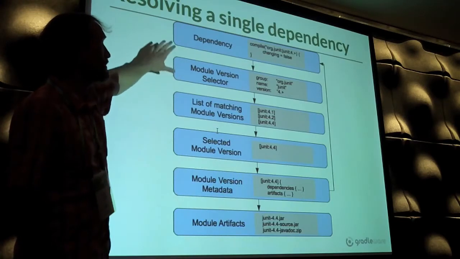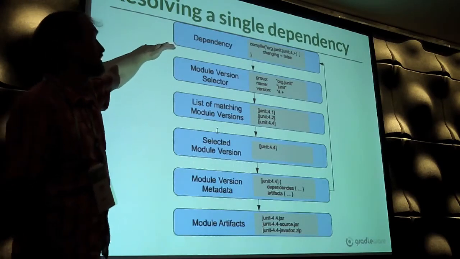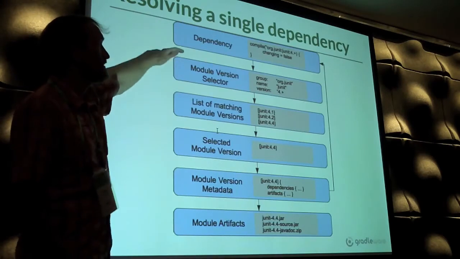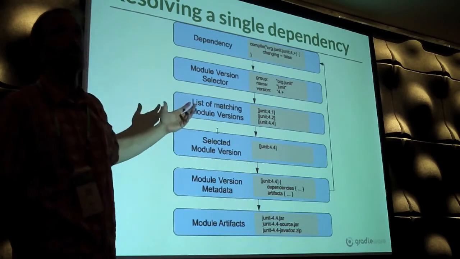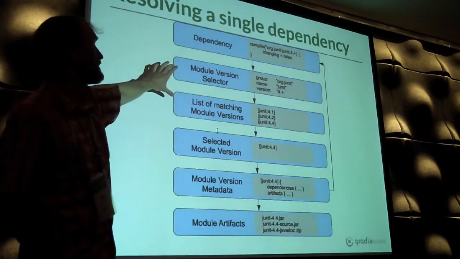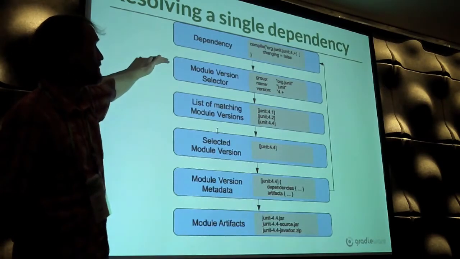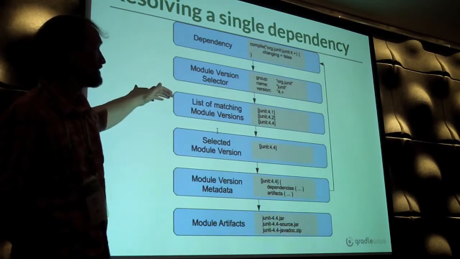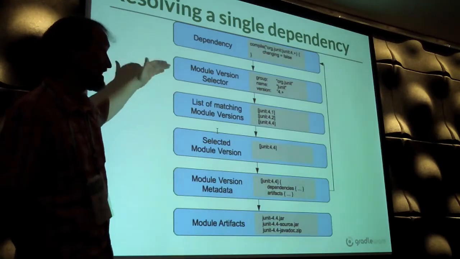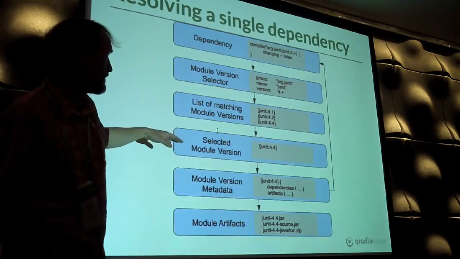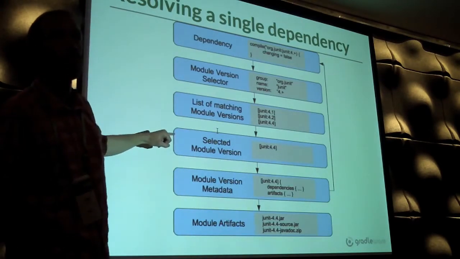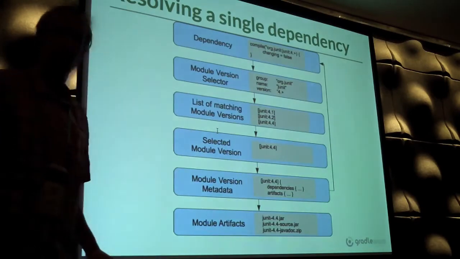When we're using a static version, the caching is kind of transparent down to there because there is only one choice. But in this case, we're caching both the lookup between the module selector and a list of versions, and the lookup between, once we've got a version, getting the metadata out for it.